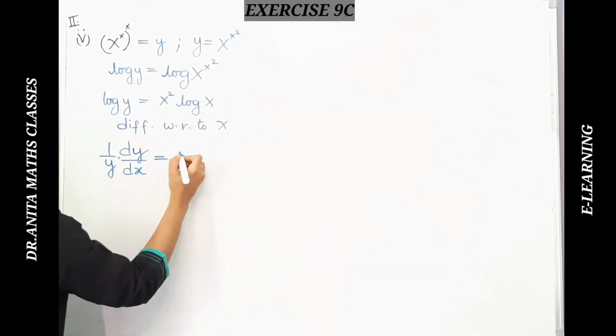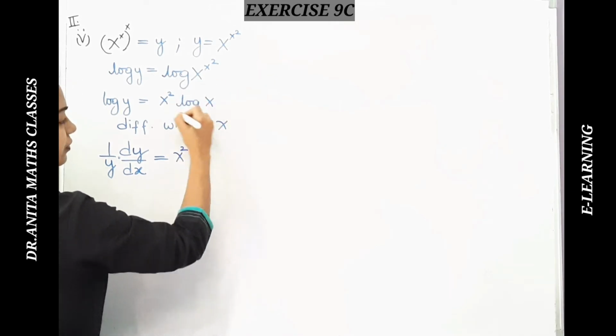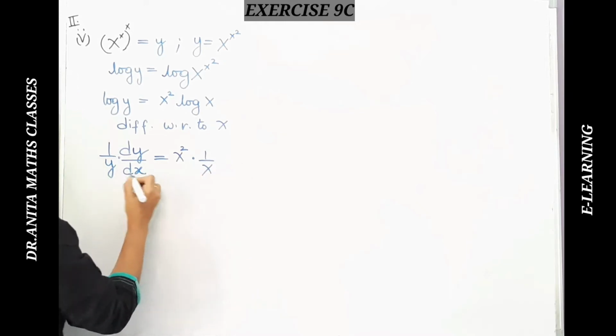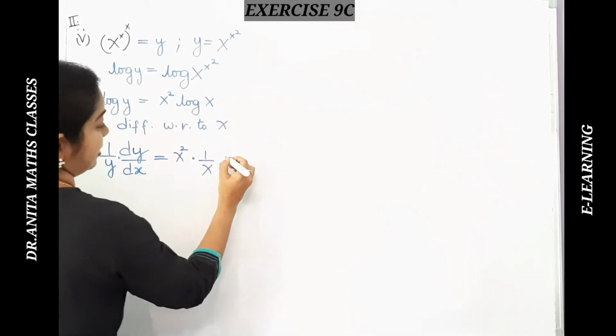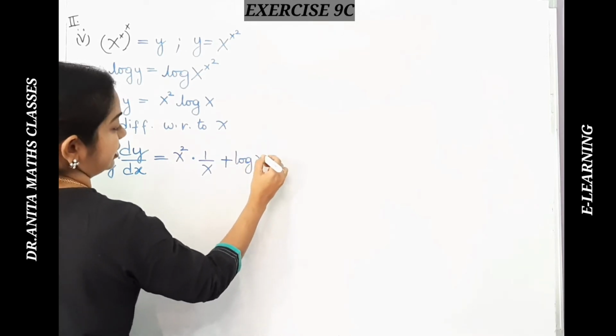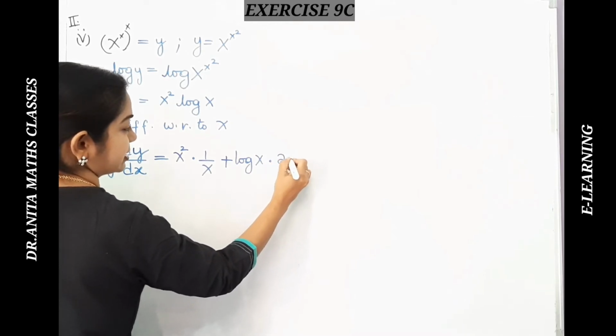We will apply the product rule here. u is x squared, v is log x: derivative of log x is 1 by x, so it is 1 by x, plus log x times the derivative of x squared, which is 2x.